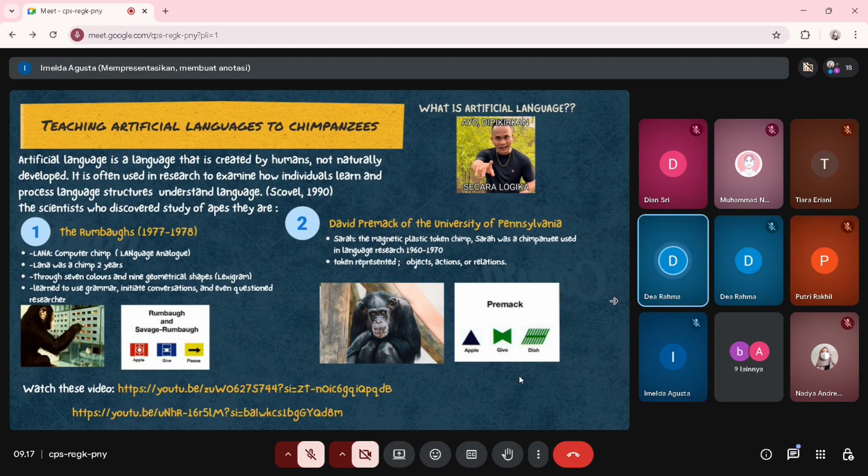Why is it made so simple? Because artificial language for animals requires complex cognitive abilities. Humans and animals have different cognitive abilities, such as humans learning grammar, but animals do not.